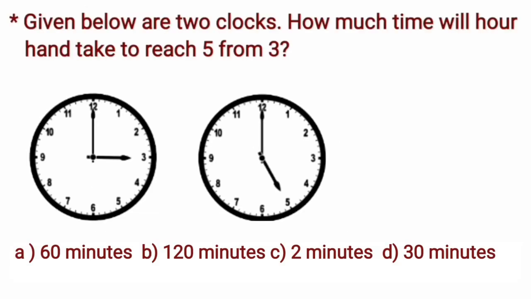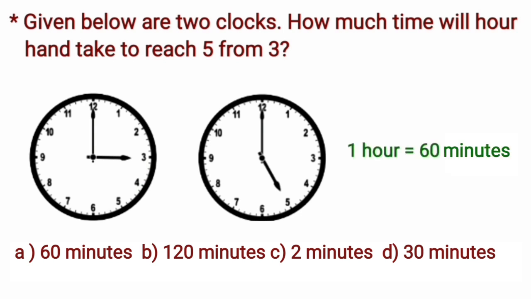Next question is, given below are two clocks, how much time will our hand take to reach 5 from 3? So children, in the first clock, the short hand is at 3 and it becomes 5. Now we have to calculate the time taken by the hand to reach 5.